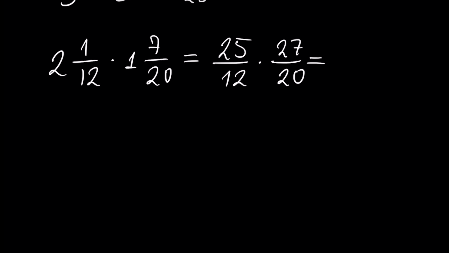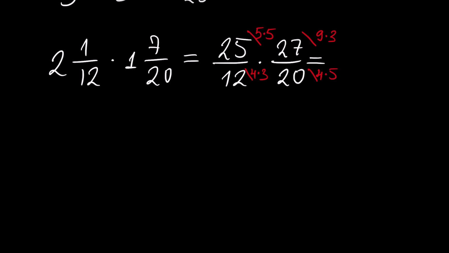And next we have to perform cancellation. For example, 25 is 5 times 5, and 27 is 9 times 3. 12 is 4 times 3, and 20 is 4 times 5.